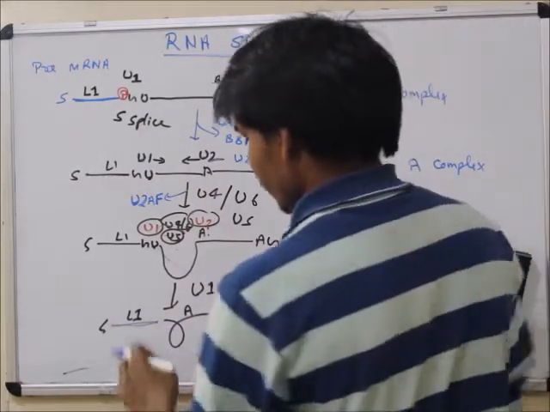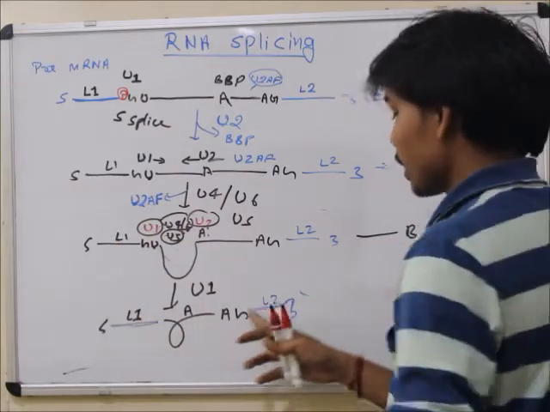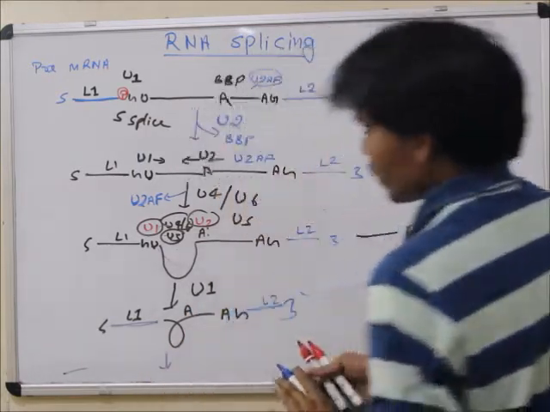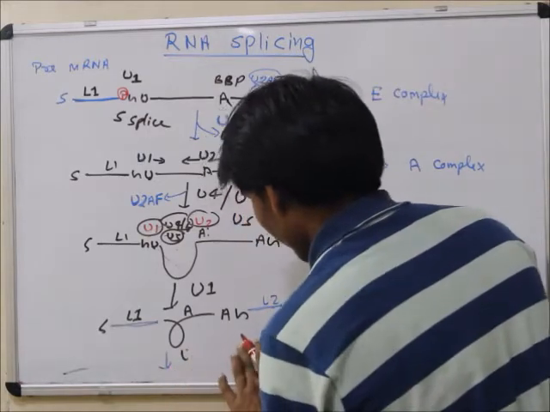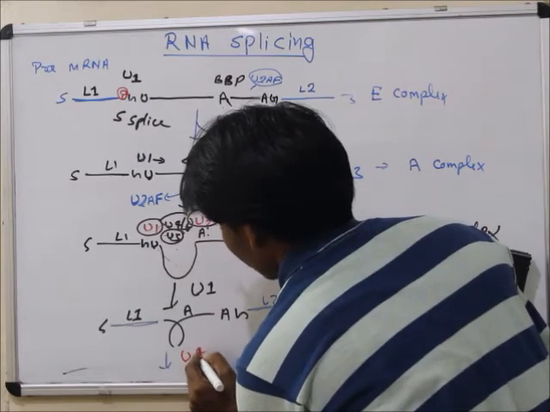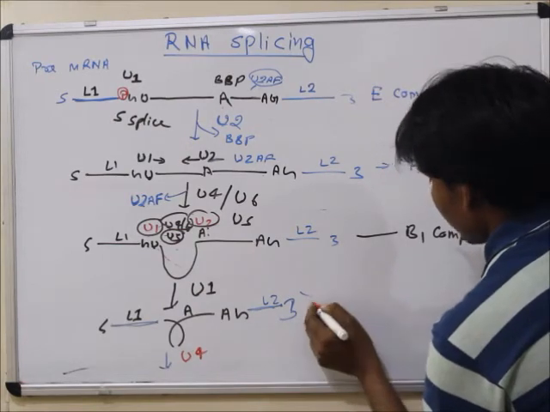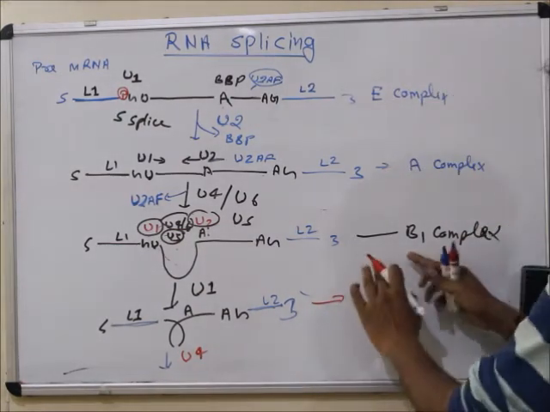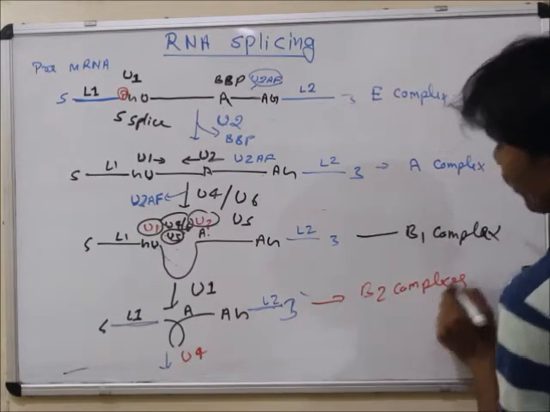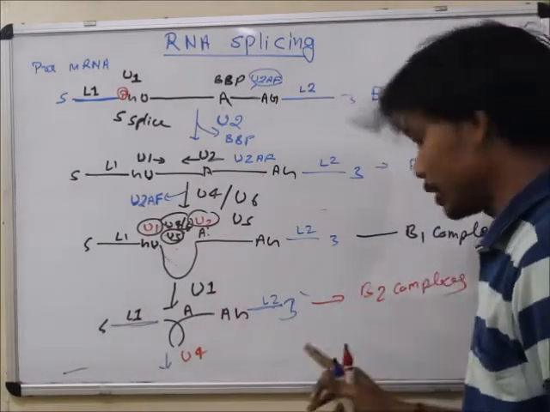You can see on the basis of colors, black and blue; L1 is the exon and also L2 is the exon. After that there is release of U4 ribonucleoproteins, and this is called the B2 complex. This is called the B2 complex after removal of U1 from the B1 complex.